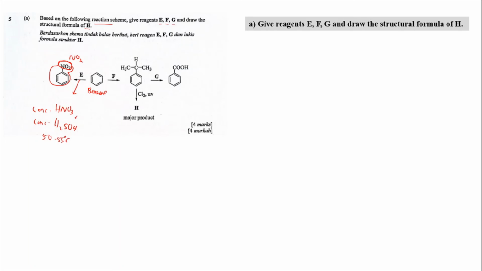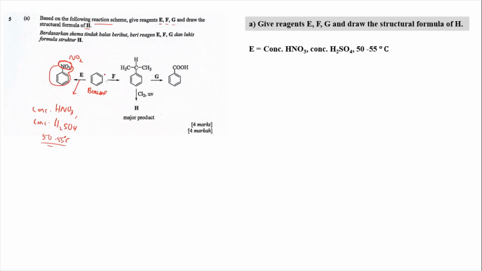You need to mention all of this, including the temperature. So for E, the reagents are concentrated nitric acid and concentrated H2SO4, as well as the temperature. The H2SO4 here will act as the catalyst in order to initiate the chemical reaction.